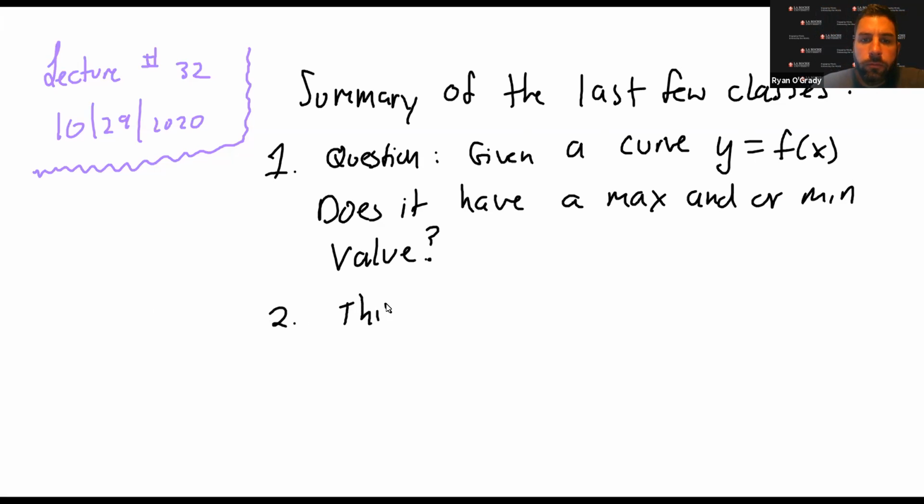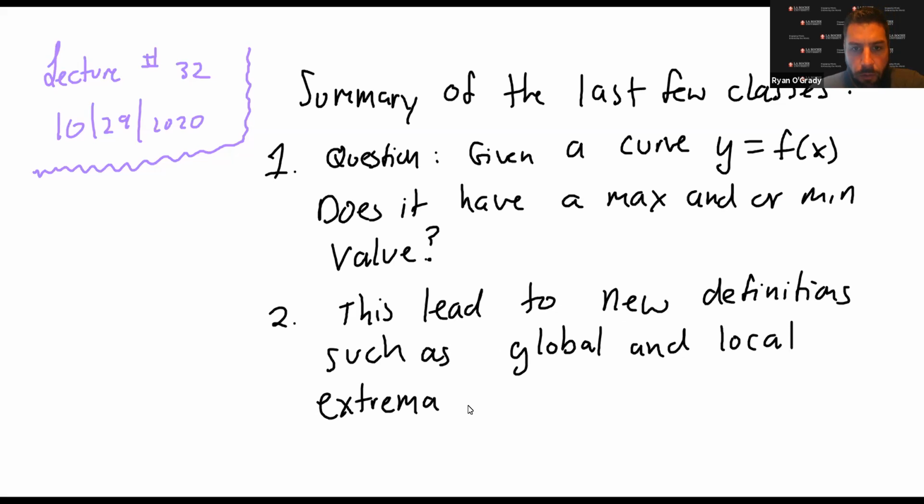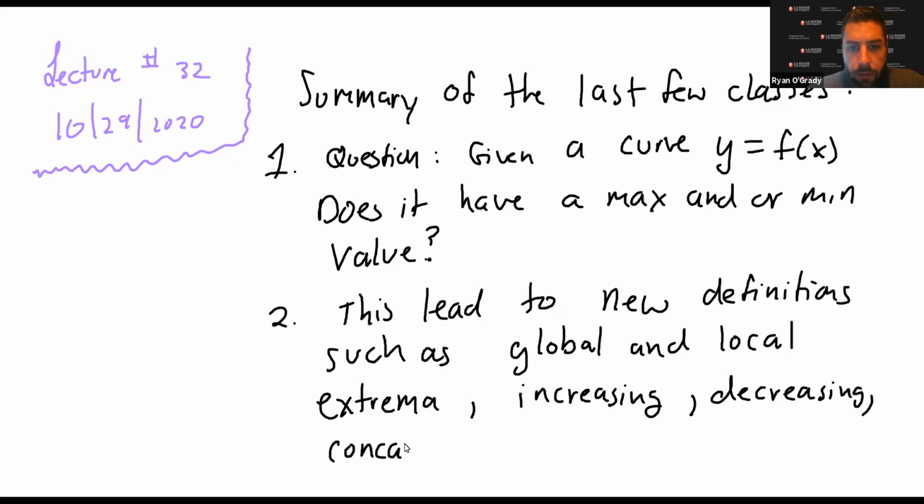So this led to new definitions, such as global and local extrema, increasing, decreasing, concavity, etc. I'm not going to list all the terms, but things like critical numbers, global, local extrema, increasing, decreasing, etc.